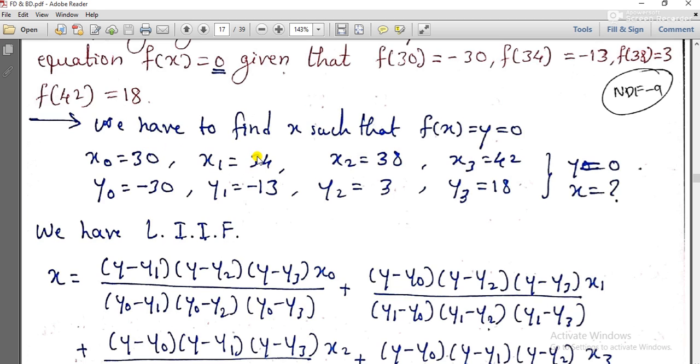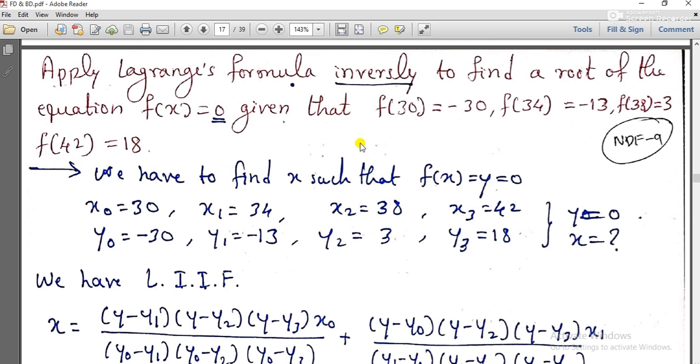So x naught is 30, x1 is 34, x2 is 38, and x3 is 42, and y naught is minus 30, y1 is minus 13, y2 is 3, y3 is 18. Now we find f of x is equal to 0, which means x is the question mark and y is equal to 0.